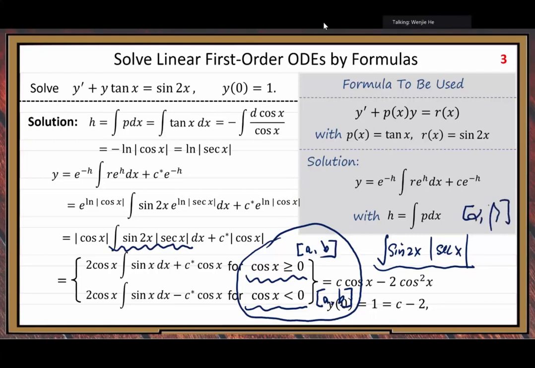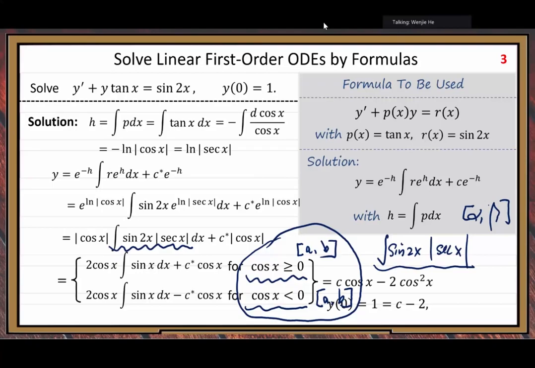Because in a real-world application problem, you need to specify on what specific interval you take your integral. Otherwise, too much uncertainty.